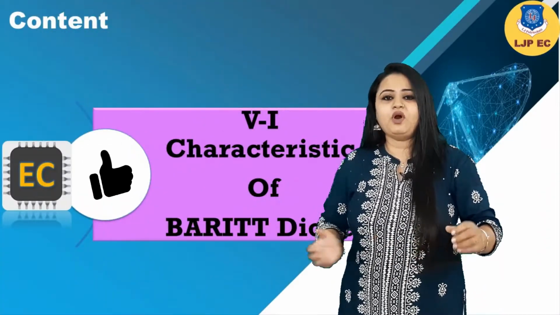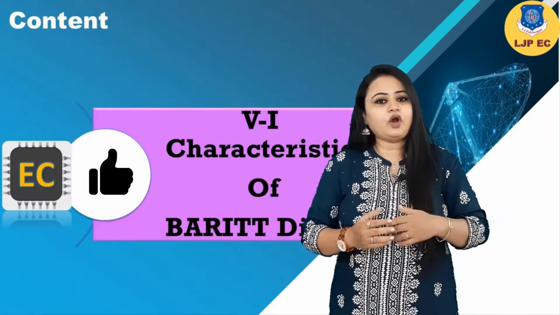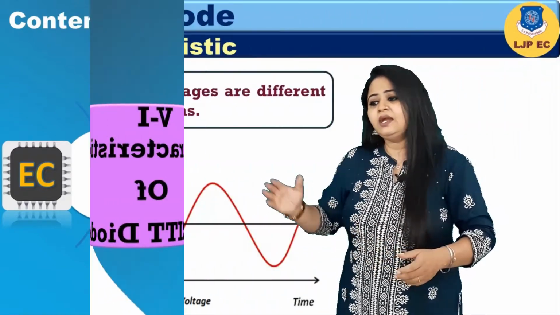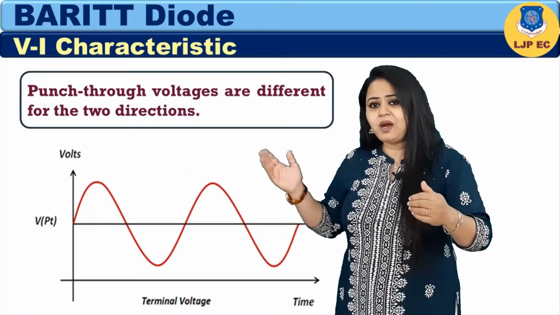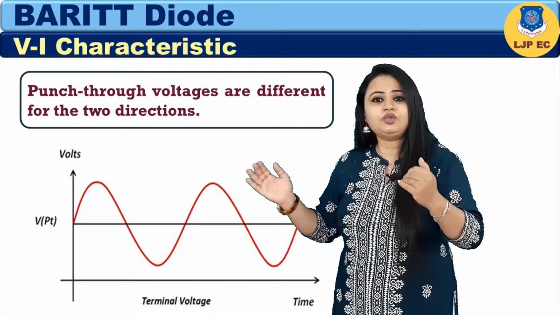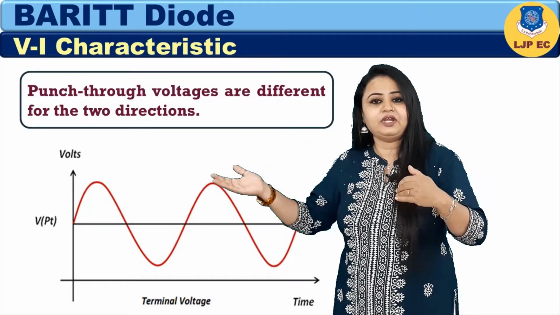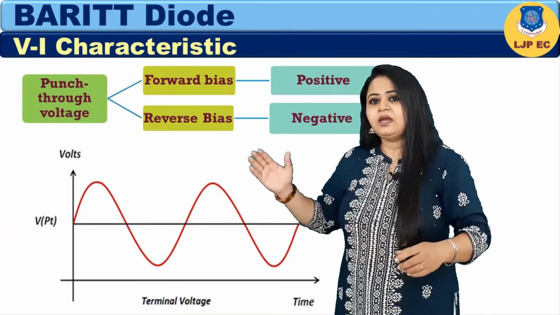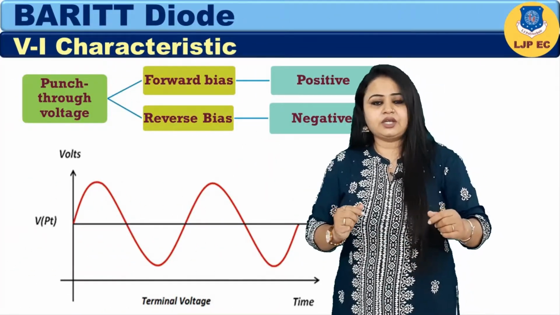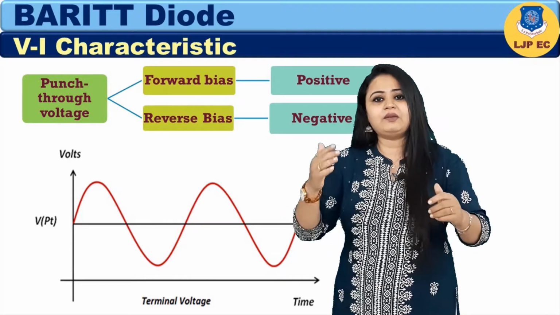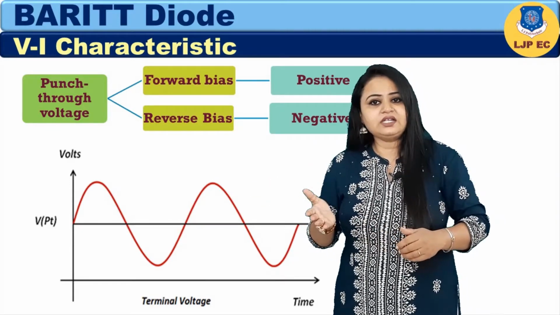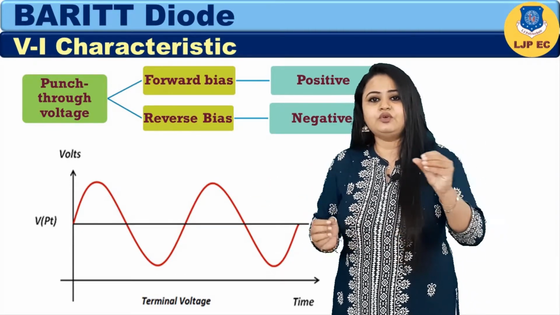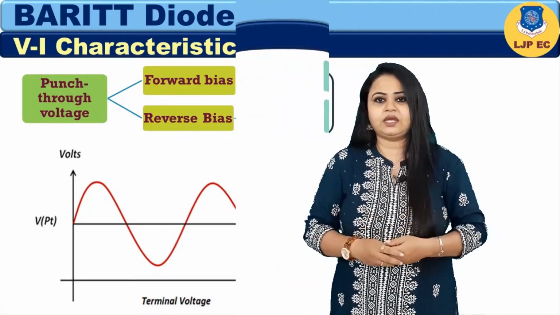Now let us move upon VI characteristic curve of Barrett diode. It can be seen within the above diagram that punch-through voltages are different for different directions. In forward bias direction, punch-through voltage is positive and in reverse bias direction, punch-through voltage is negative.